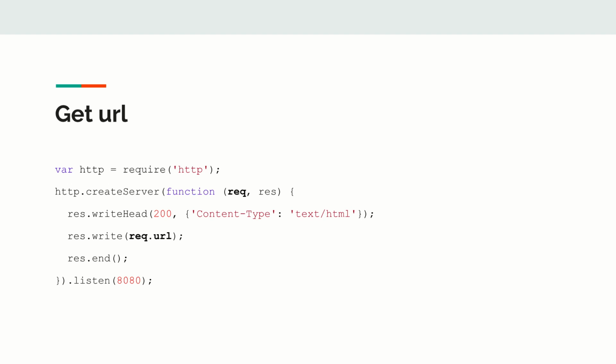Whatever it is, it will reflect back, and then you are ending your response. After that it all ends. All those three lines are packed inside the createServer function, and that function is always going to listen to port 8080 on your localhost. Let's go ahead and execute this.